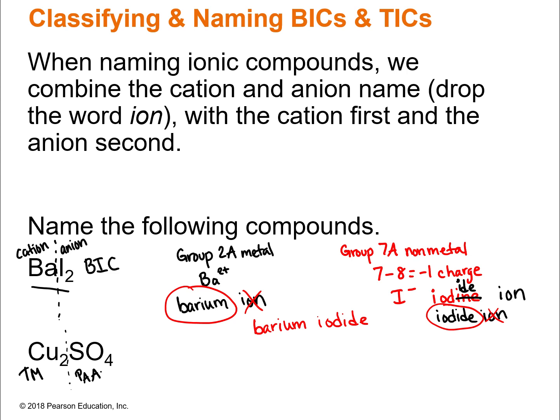If I have to use the stock system for copper, I need to know what my charge is. So in this case, we'll start with the anion. If you look up SO4, that ion is SO4 2-, the sulfate ion.